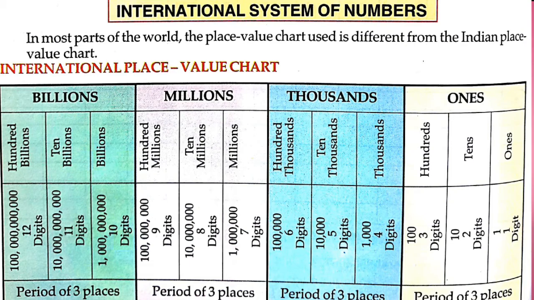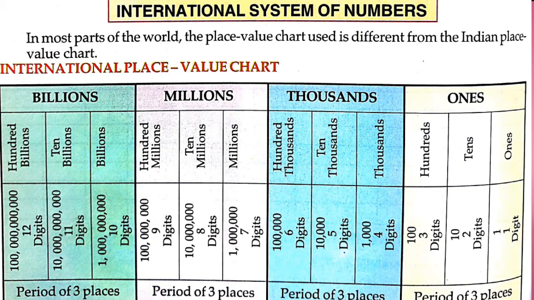Like the Indian system, the international system is quite different. Here also there are 4 periods. First is the ones period, second is the thousands period, third is the millions period, and fourth is the billions period.